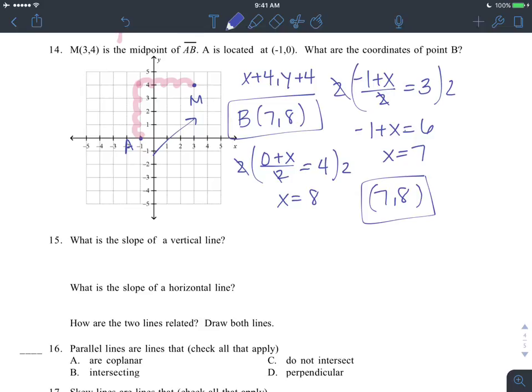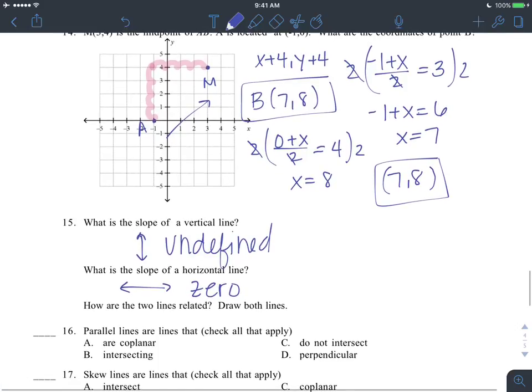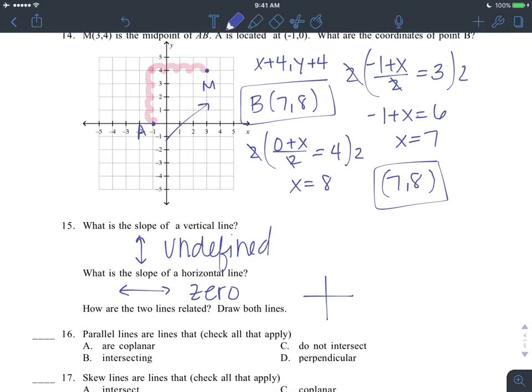All right, slope of a vertical line. So just like this, it's going to be undefined. Slope of a horizontal line is 0, and they are perpendicular to each other.